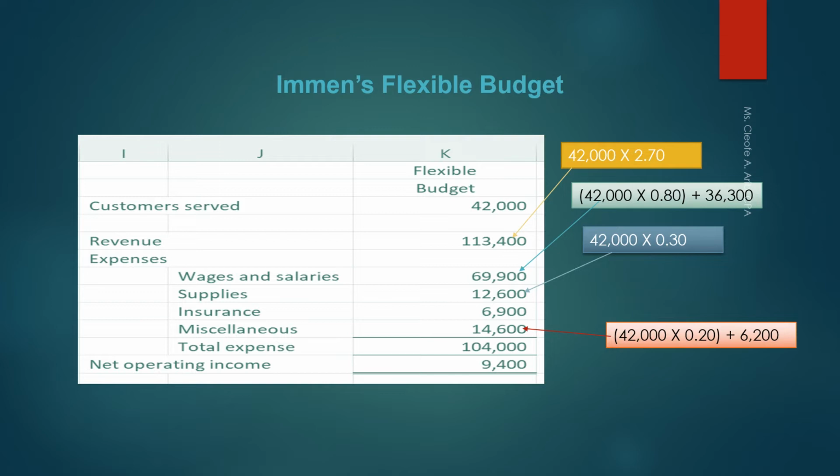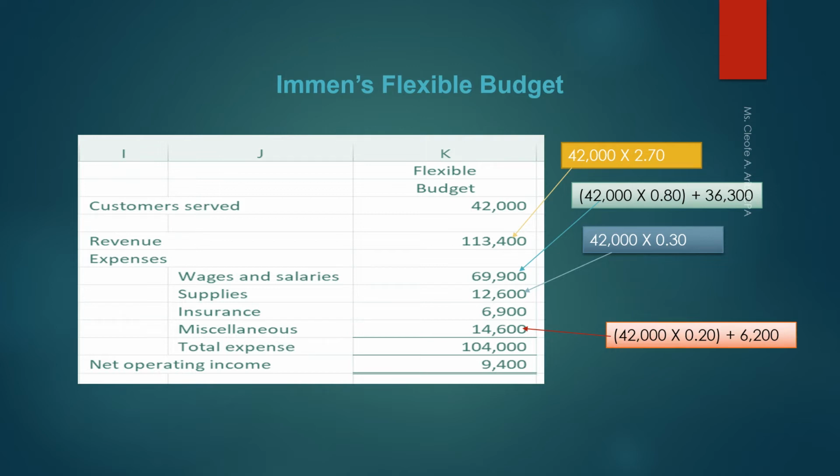Supplies has no fixed element, so it only has a variable element. All we have to do is get the variable cost per unit of 0.30 and multiply that by the actual number of customers served. Insurance has no variable element. It only has a fixed element. If you recall the slide given in the budget, you will see that the insurance amount budgeted is 6,900.